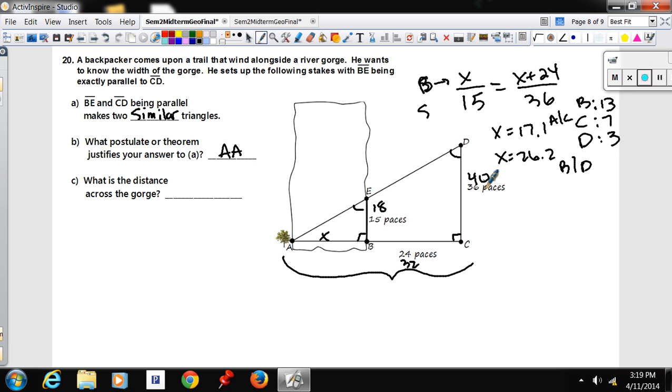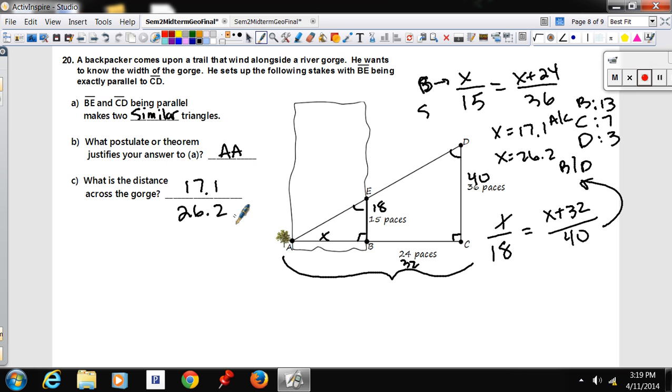So you had to do x over 18 equals x plus 32 over 40. That would have got you the 26.2 answer. So it just depended on the test you had and what numbers you had in your problem. So those were your two answers, either 17.1 or 26.2. All right, moving on.